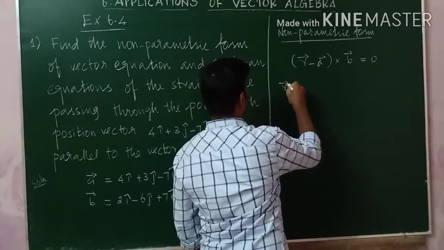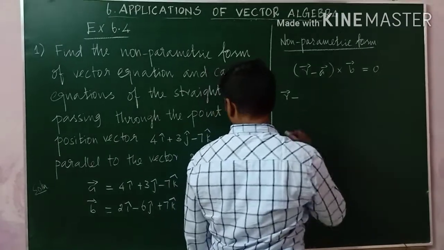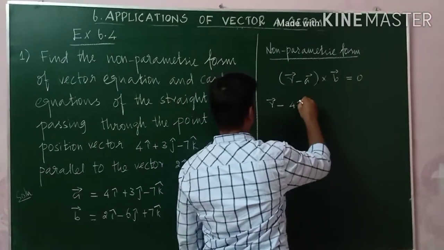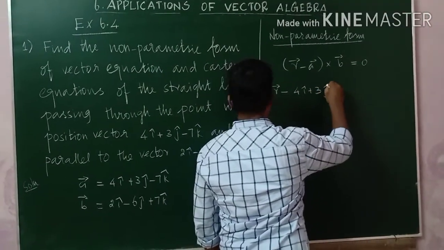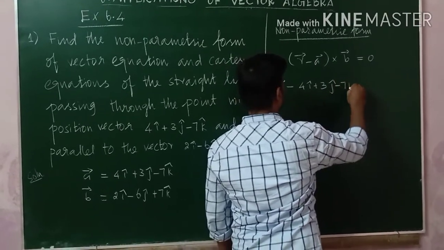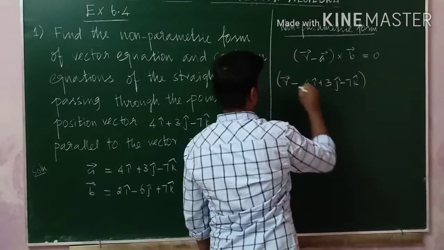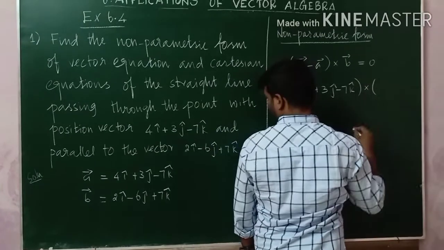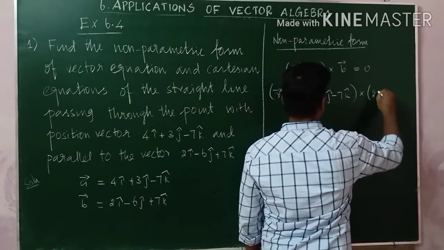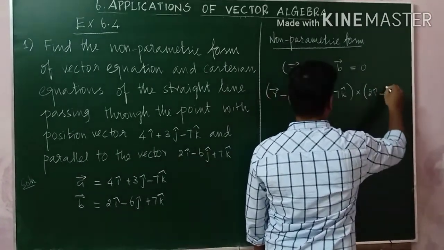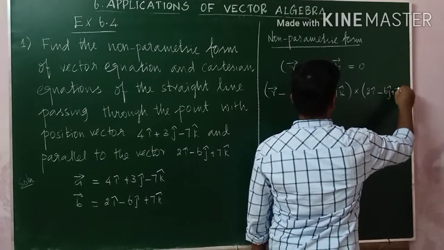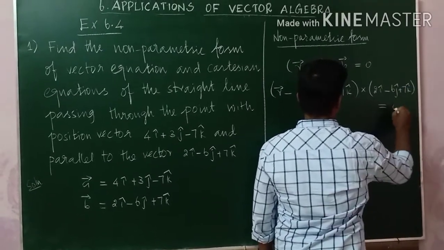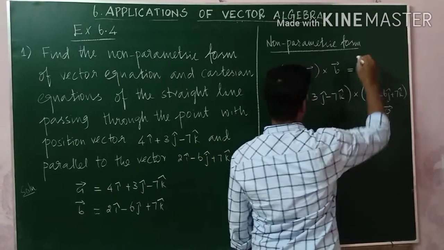So (R vector minus (4i cap plus 3j cap minus 7k cap)) cross (2i cap minus 6j cap plus 7k cap) equals the zero vector.